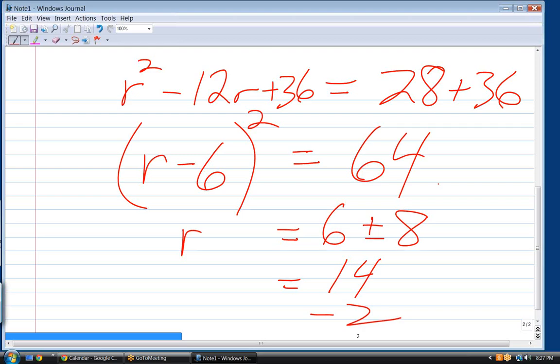So it just depends on the situation. Well, it depends on the quadratic, and whether it factors, and how good you are at factoring. In other words, completing the square always works for solving a quadratic. It's just a completely different way to do it, but you get the same solutions.